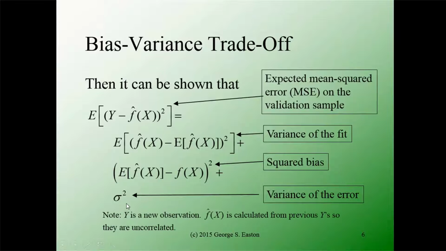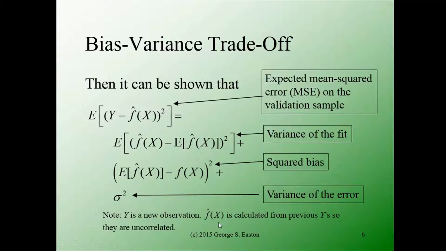Now I have a note here which is really mostly to myself. So y here is a new observation from the validation sample. F hat of x will be computed using the x from the validation sample, but the coefficients that define f hat of x will have been estimated from the training sample.